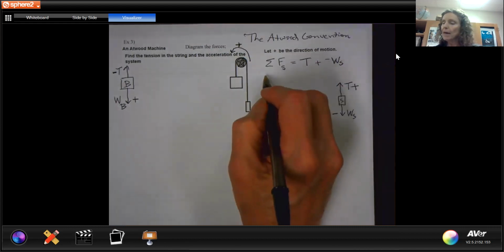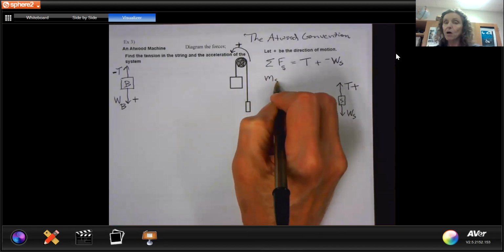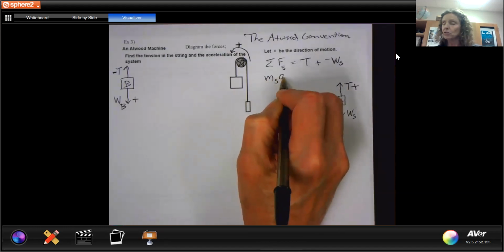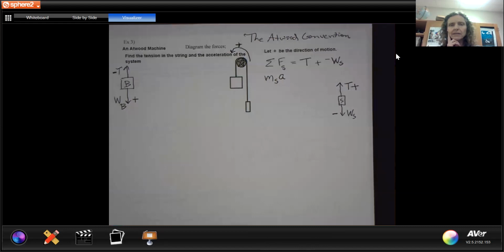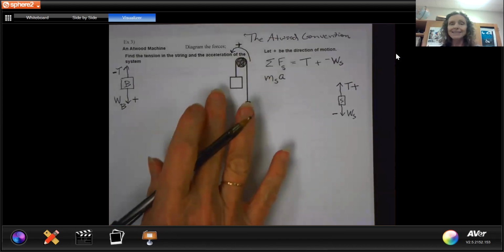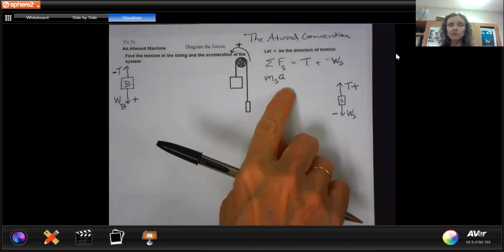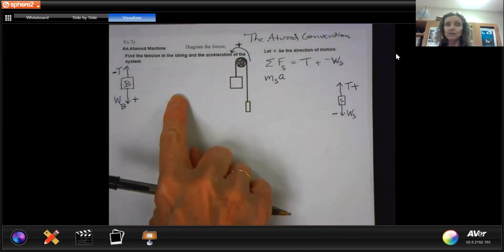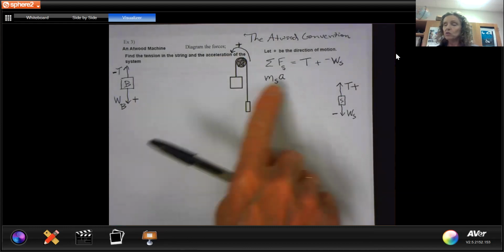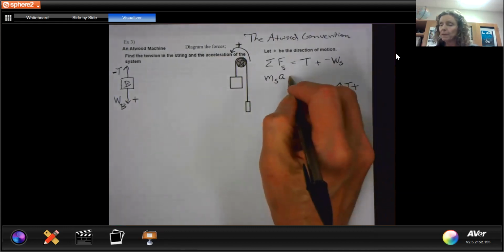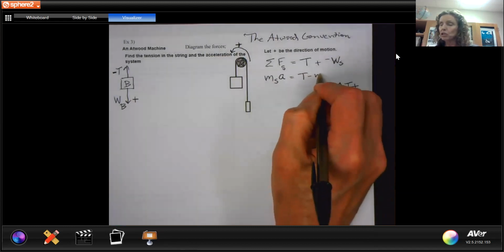So I'm going to go mass times acceleration, small mass times the acceleration. Is that just the acceleration of the small mass? No, I think they're going to be the same. There's a system tied together here. Whatever this has for an acceleration, this one has also, because they're tied, they can't get apart. So I don't have to have a subscript for that. So this is just tension minus mg.